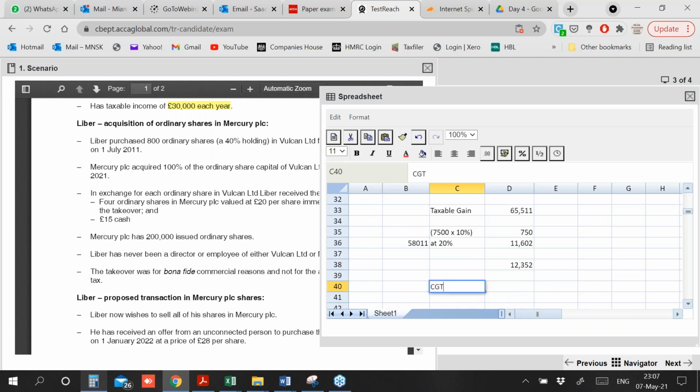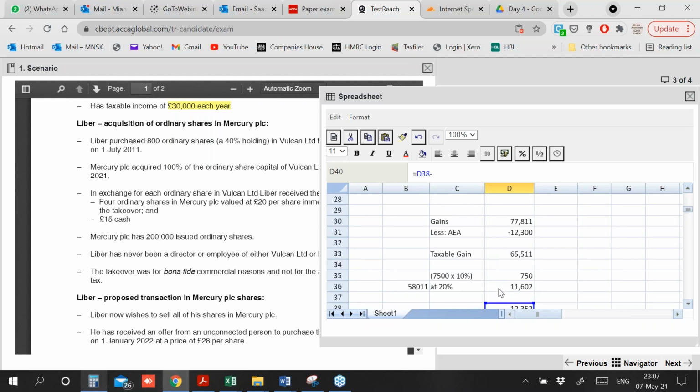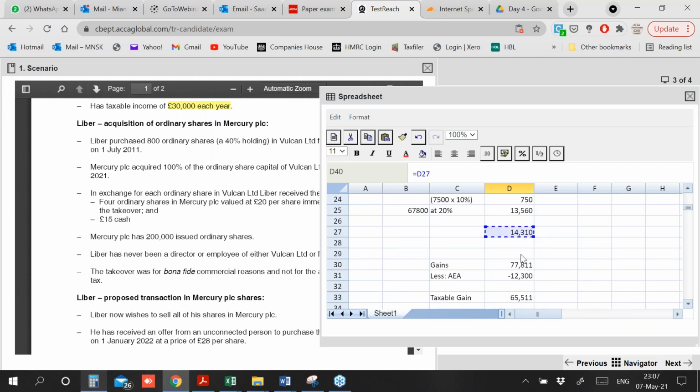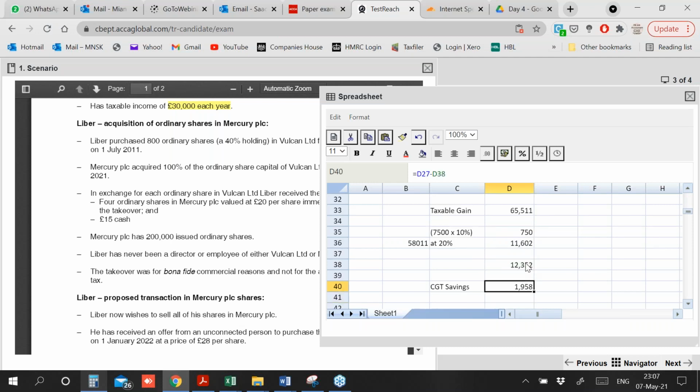So CGT savings will be this minus this, rather I select that one first because it was higher last year. 1,958 is the amount of CGT that she will be able to save if she decides to delay.